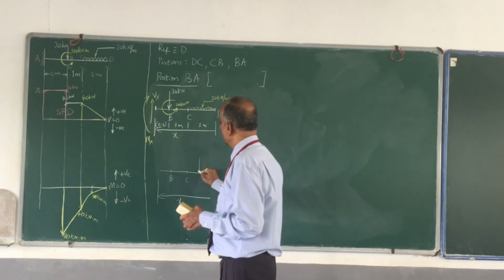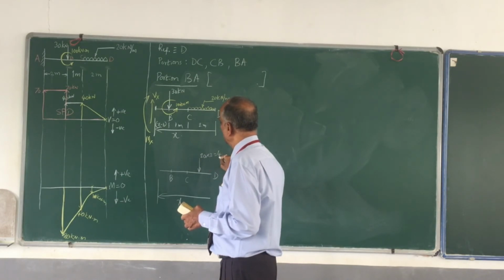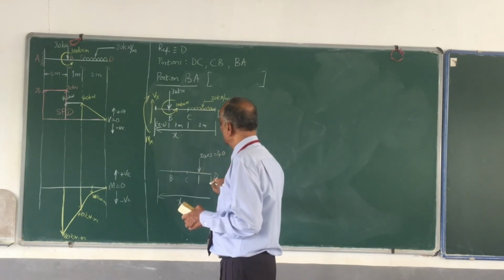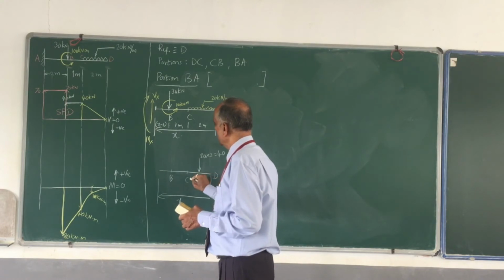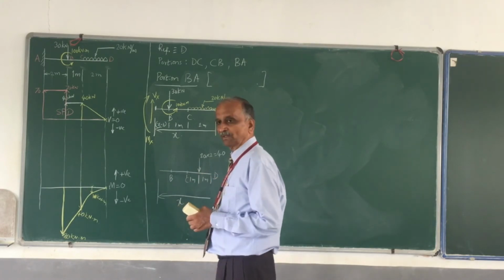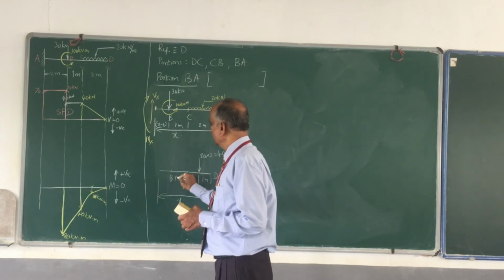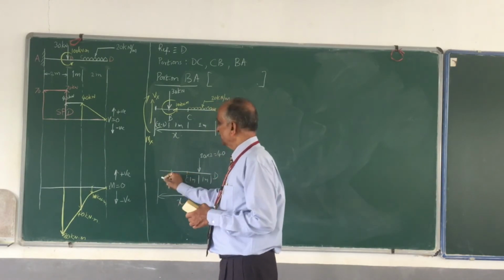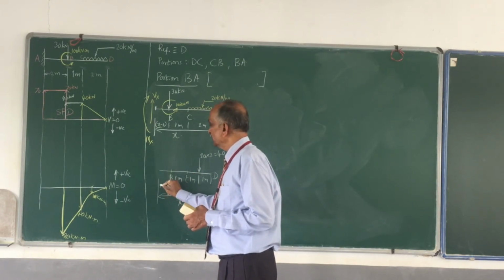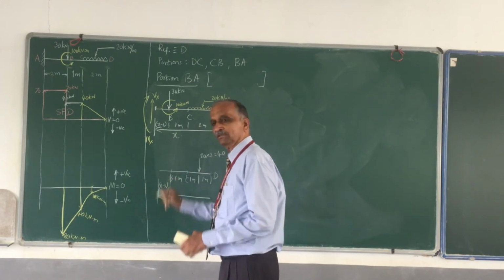So you have 20 into 2, that is 40 kilonewton, at a distance of, this is 1 meter, this also is 1 meter, and this also is 1 meter. Therefore this distance is x minus 3 meters.